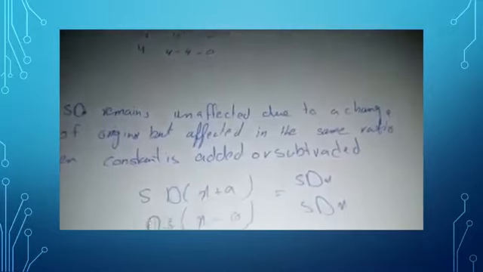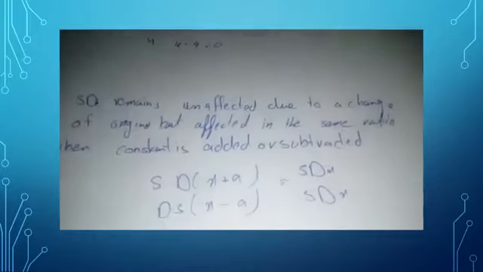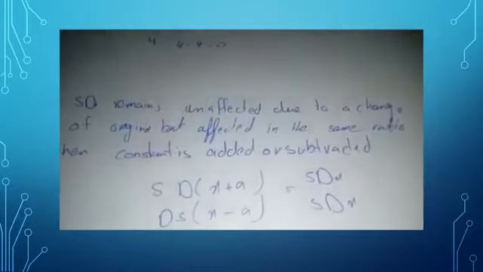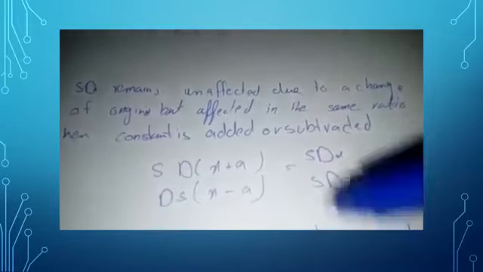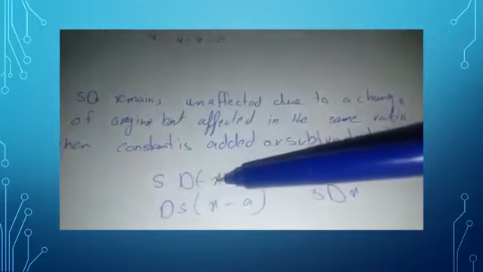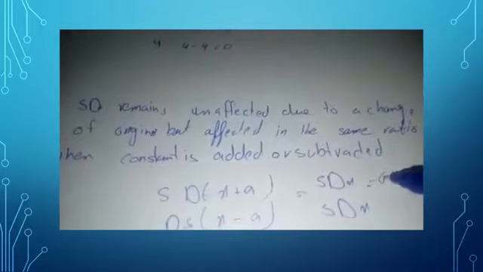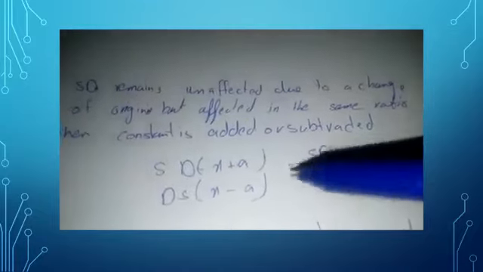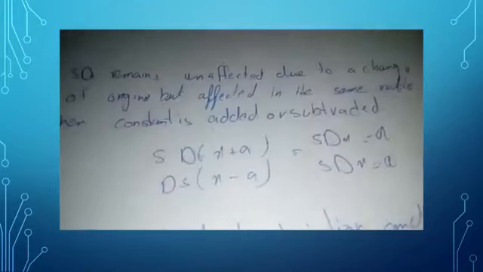And the standard deviation is not affected by change in origin, or if we add or subtract a constant. Standard deviation of x plus a and x minus a is also the same, so no change.